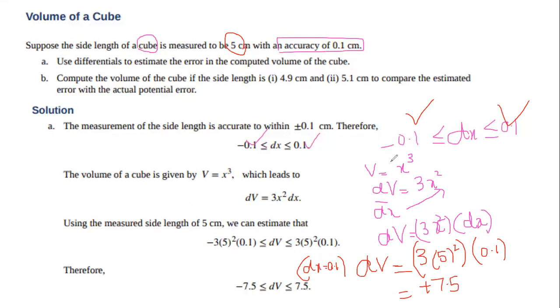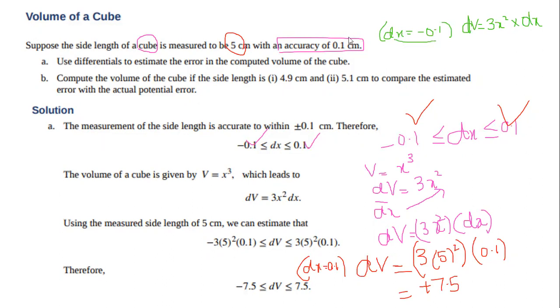Okay, but there is also the negative case. So I have to find my value with respect to d of x equals negative 0.1. So it will again be dv equals 3x square into d of x. So d of x equals negative 0.1.